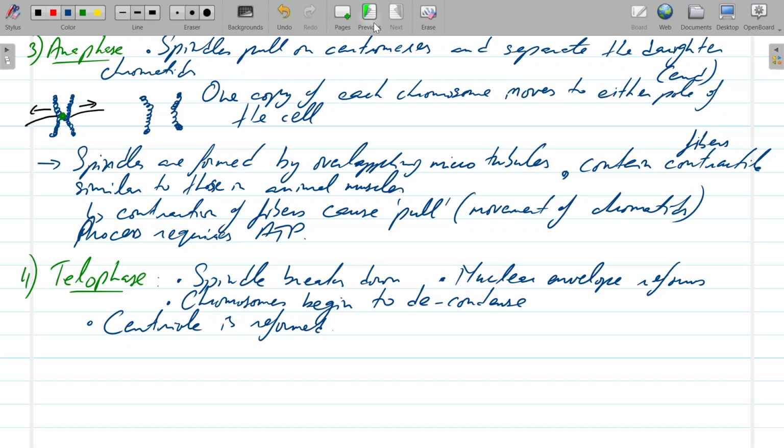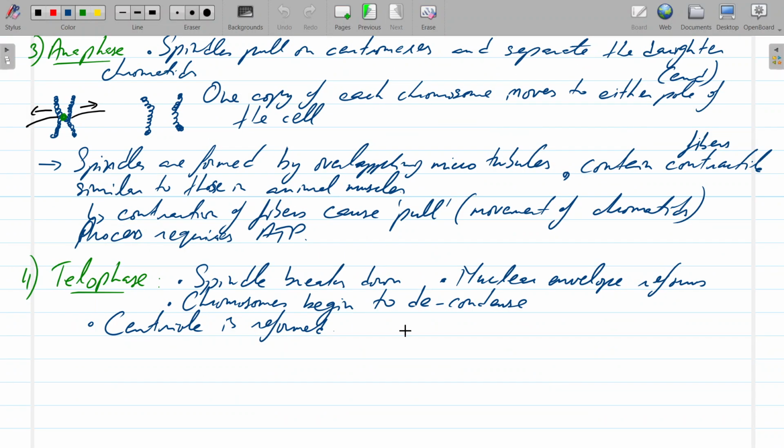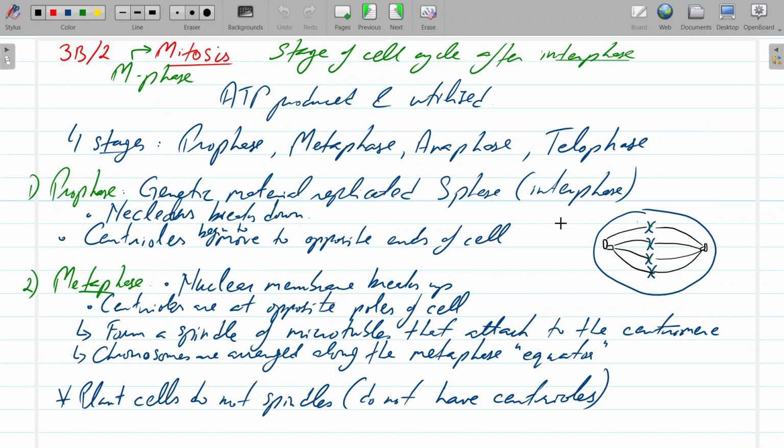So why are they saying the centriole is reformed? Because in a normal cell that is not dividing, you have the centriole structure at some place in the cell, something like this, right? When the cell divides, these two move apart. So I drew the whole thing over here.